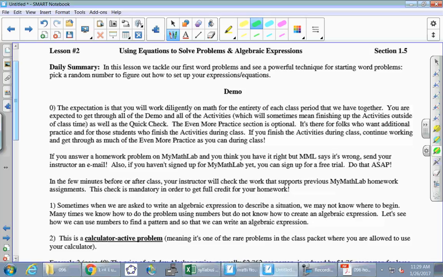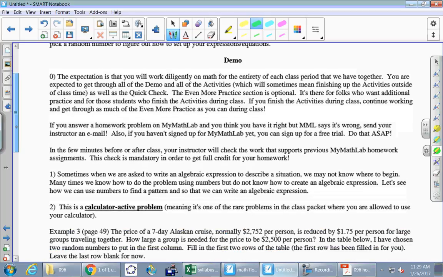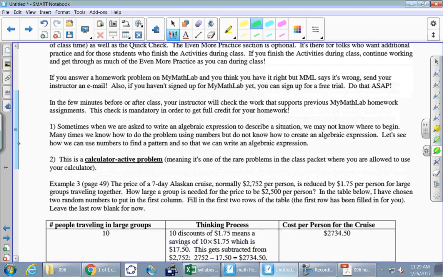Okay, daily summary. In this lesson, we tackle our first word problems and see a powerful technique for starting word problems: pick a random number and figure out how to set up your expressions or equations. So first time we'll be talking about word problems. I promise you it will not be the last time.